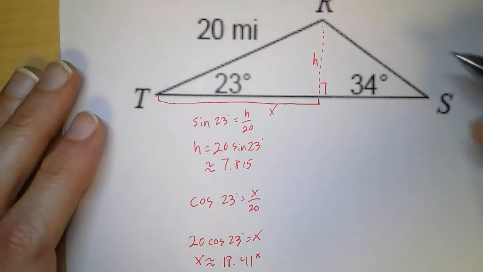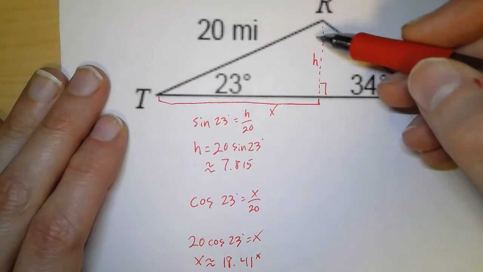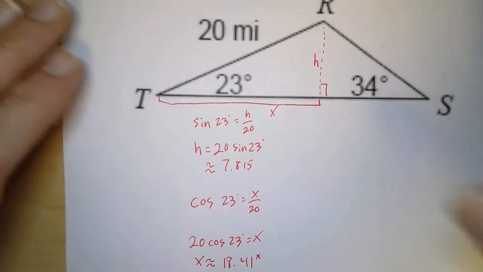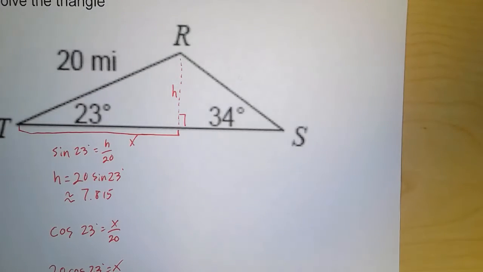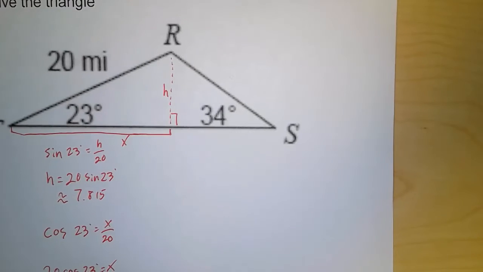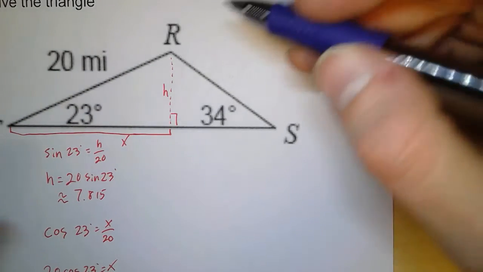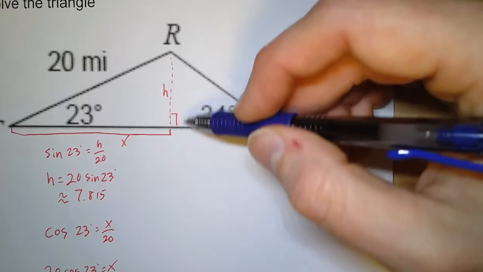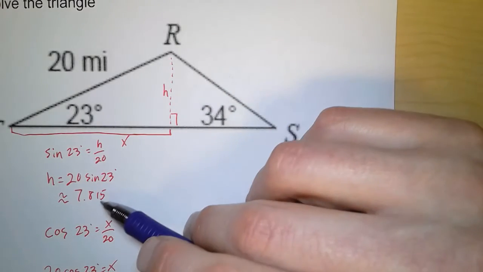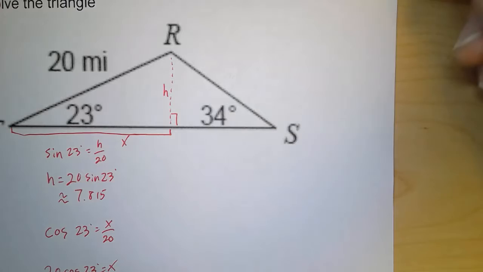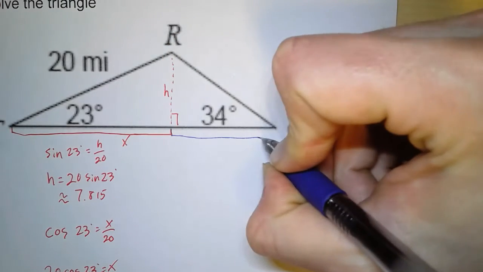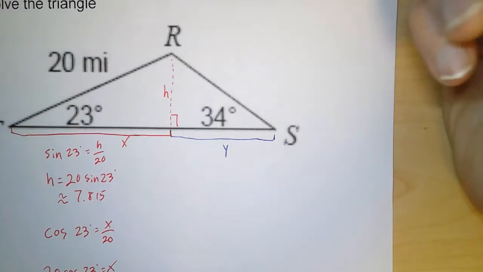All right, now we could figure out this, but again, we'll find angle R at the very end. So now what we have to do is switch over to the triangle on the right. Now the issue is we don't know any of the other sides, but we do know h. We do know that h is the value we found over here. So let's call this length from here to here y.